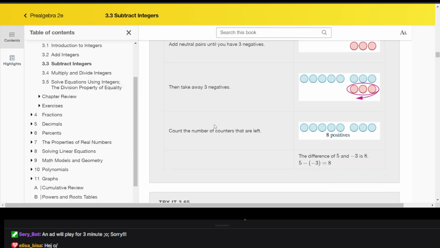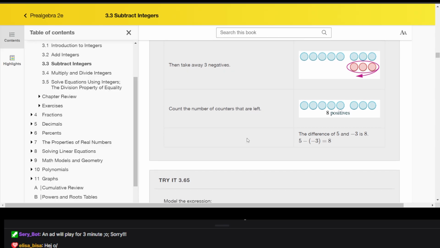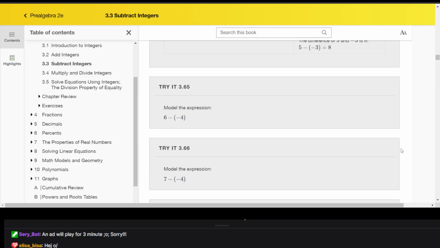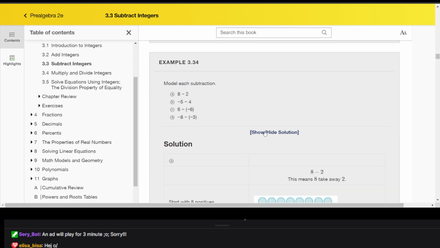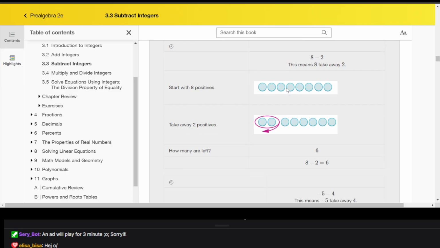Yep, 3 negatives counters are left. 5 minus negative 3 is 8.